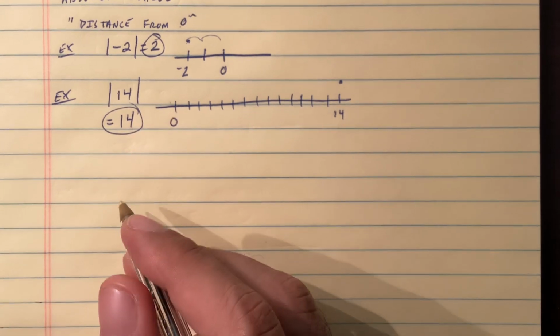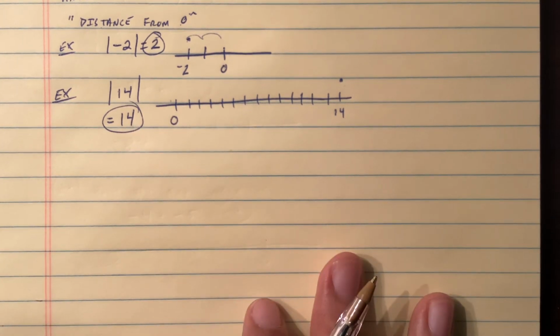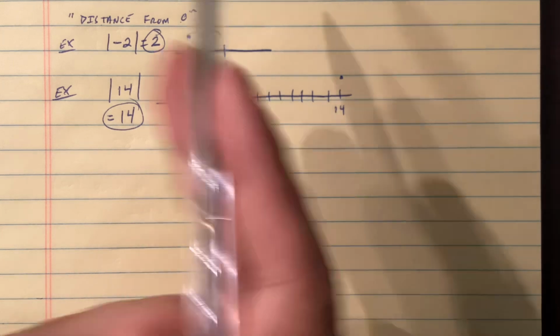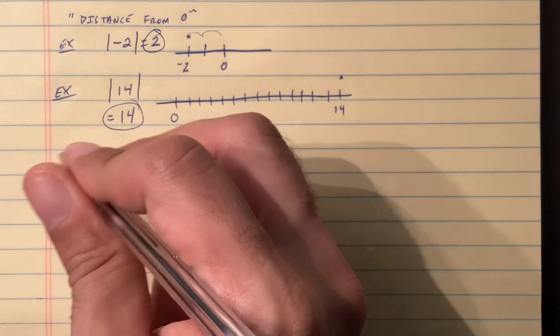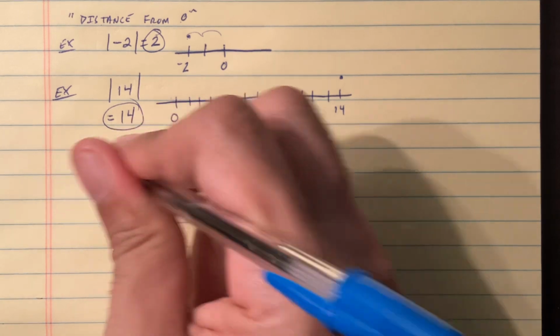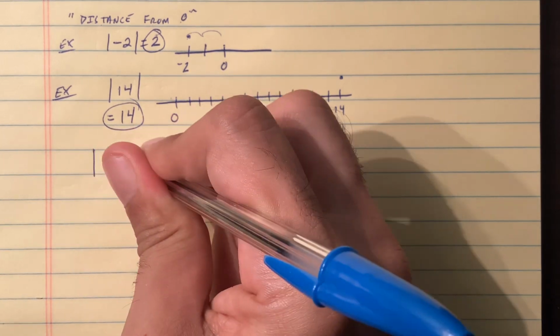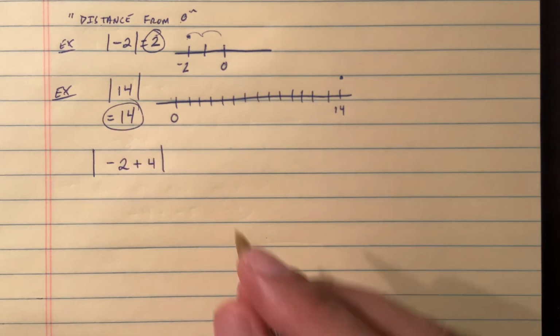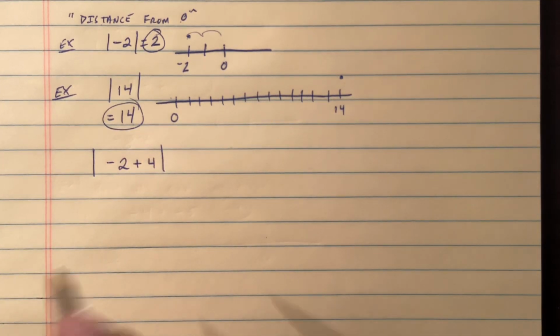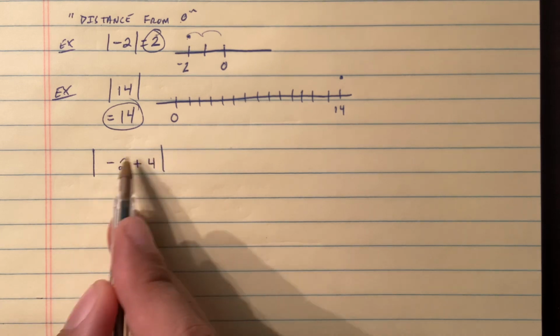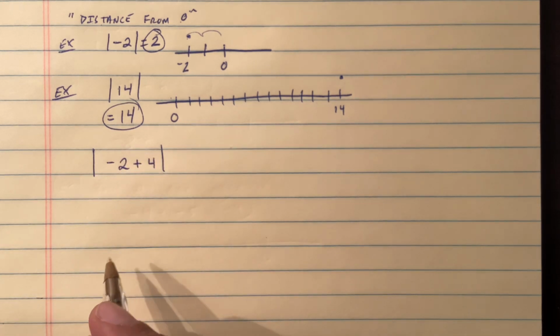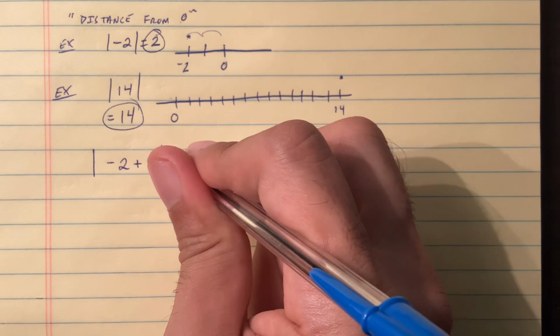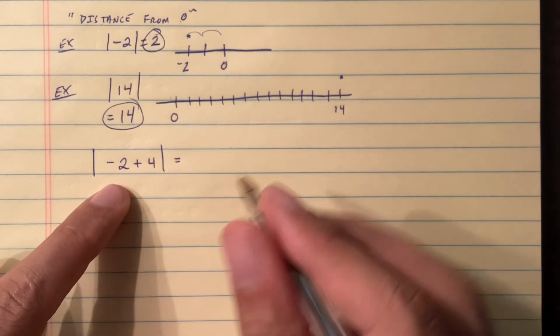All right, let's take a look at some examples from the previous videos that were uploaded. Let's say we have the absolute value of -2 plus 4. Well, let's see. We're going to focus inside of the absolute value first. We're going to do some simplifying. So -2 plus 4.